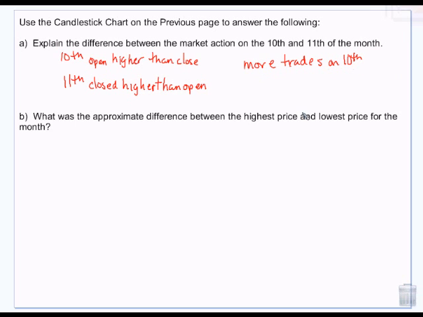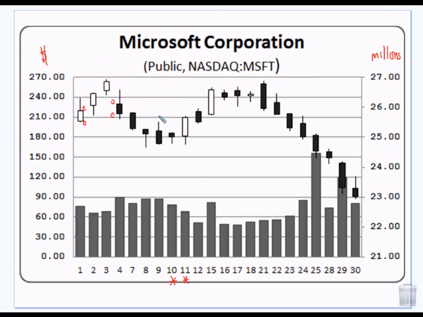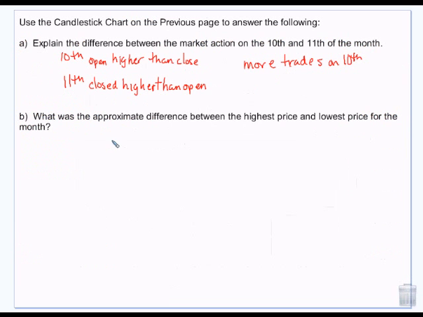This price is the lowest price for the month. So we're going to go back. And the highest price, we're looking at the bars. I'm going to say this one looks to be a little higher than that one. What do you guys think? That one's somewhere close to $270. So what do you think? $265? Yeah. Okay, so we're going to say that $265 was the high.